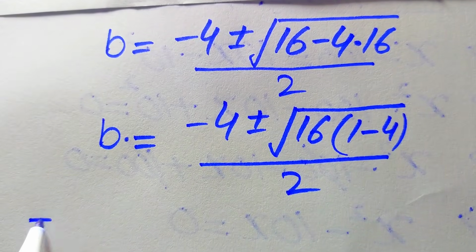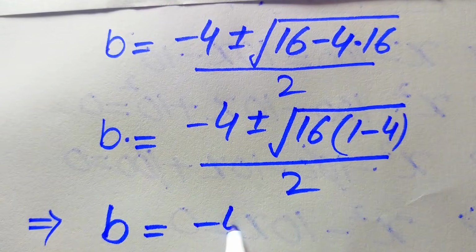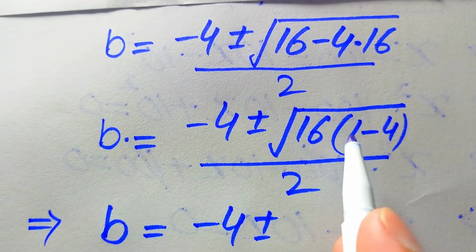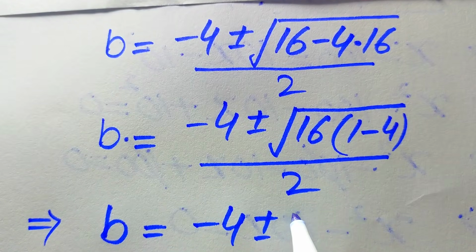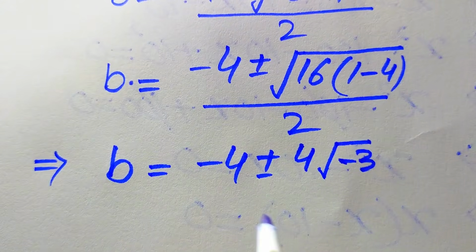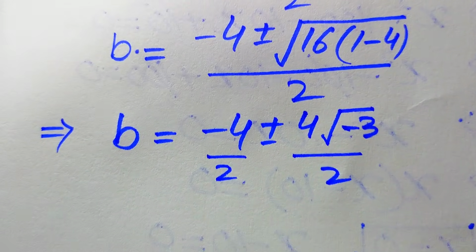Now we break the square root: the square root of 16 becomes 4, times the square root of 1 minus 4, which becomes minus 3, and we break this fraction and write these two separately on both of these two values.